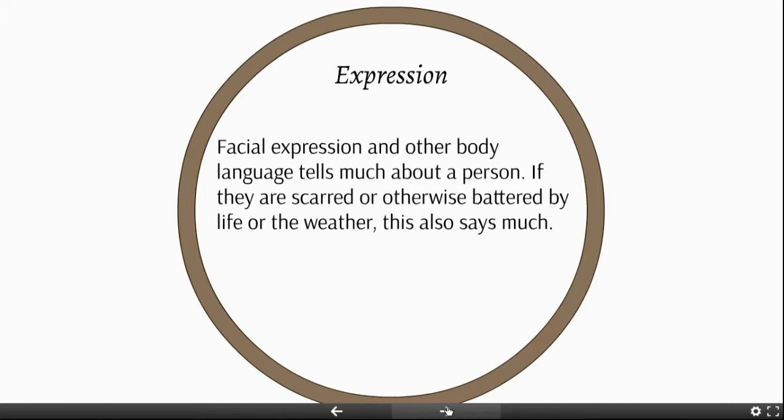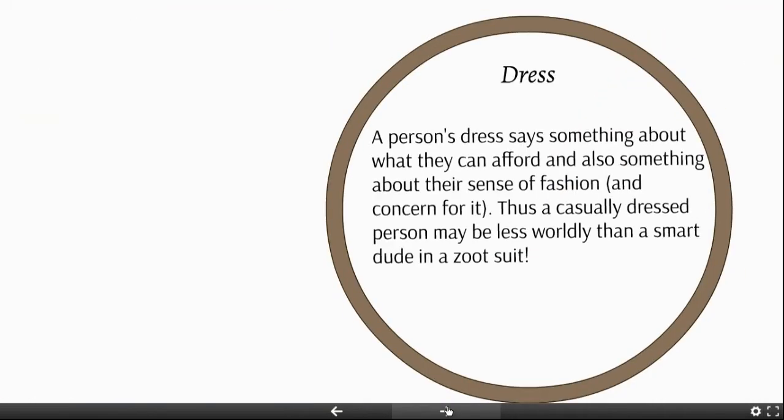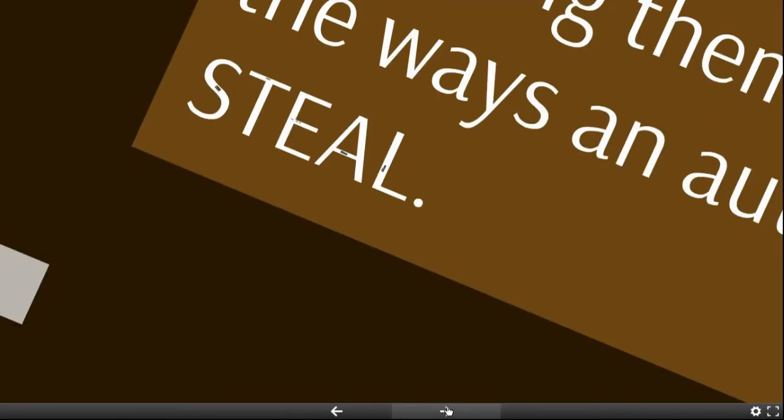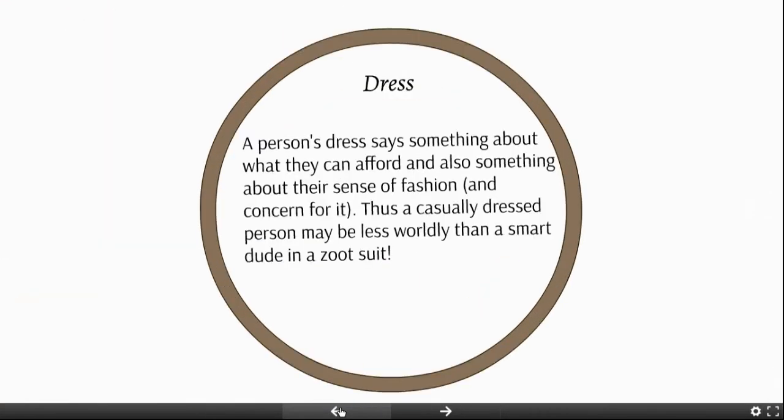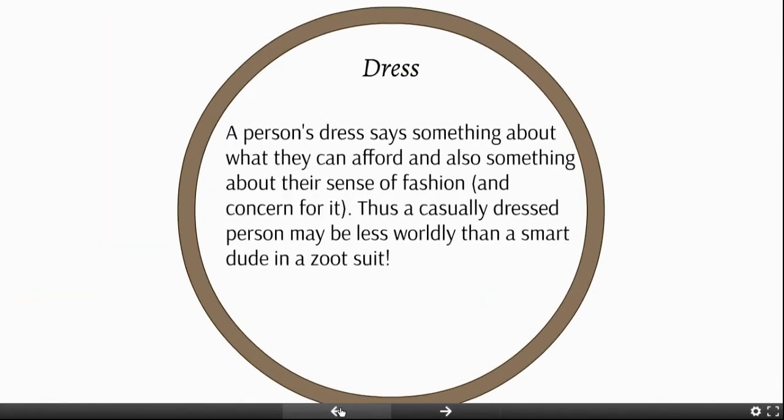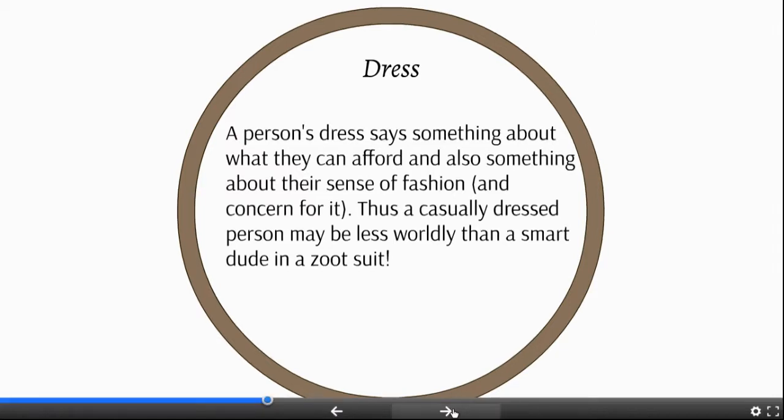If they're always standing with their arms crossed, if they always look like they're grouchy. And how they dress, right? How a person dresses can tell you a lot. Shall I go back to that one? The person's dress says something about what they can afford, about maybe their sense of fashion. A casually dressed person may be less worldly than a smart dude in a zoot suit. You guys don't know what a zoot suit is.